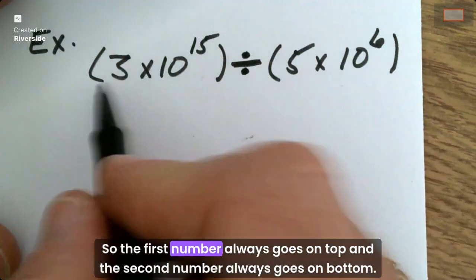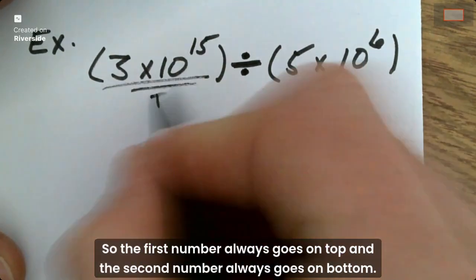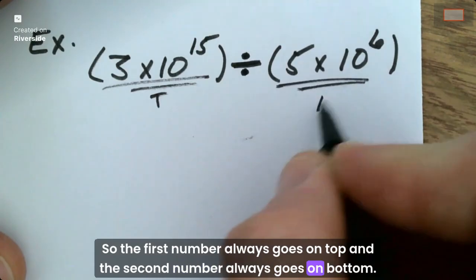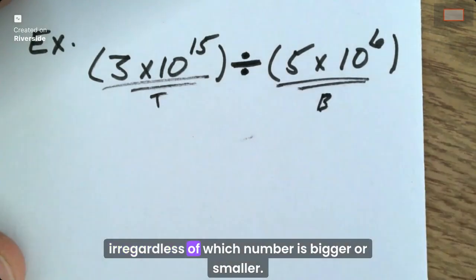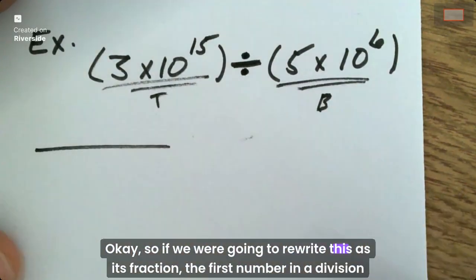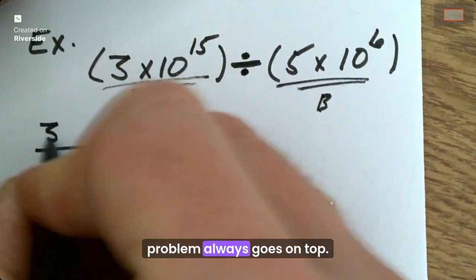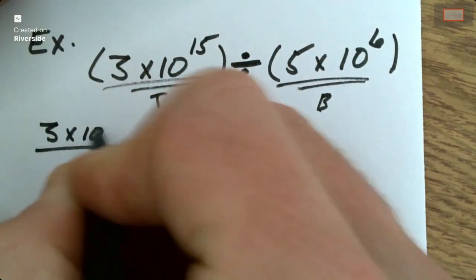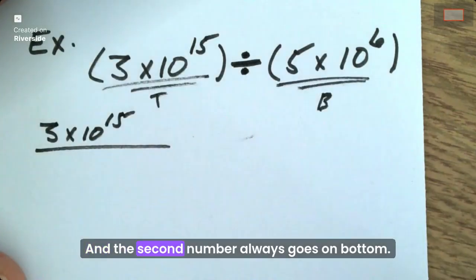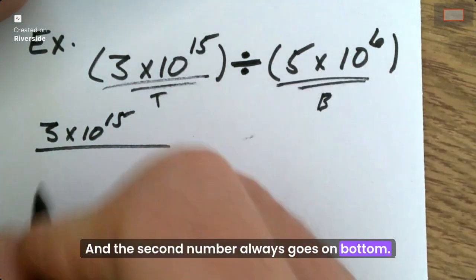The first number always goes on top, and the second number always goes on bottom, regardless of which number is bigger or smaller. So if we were going to rewrite this as its fraction, the first number in a division problem always goes on top, and the second number always goes on bottom.